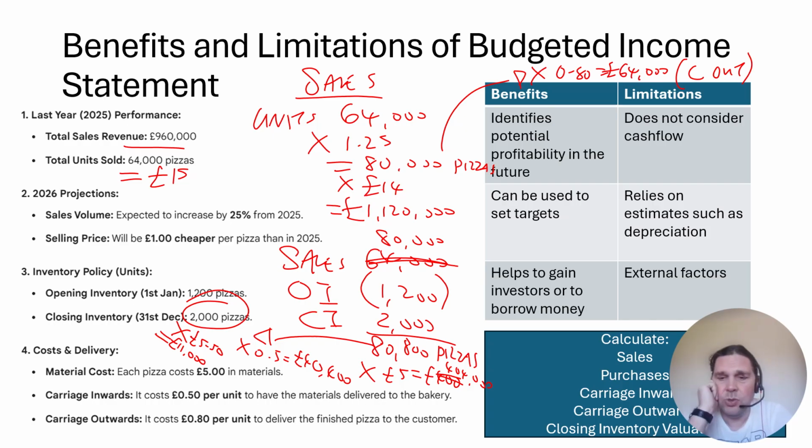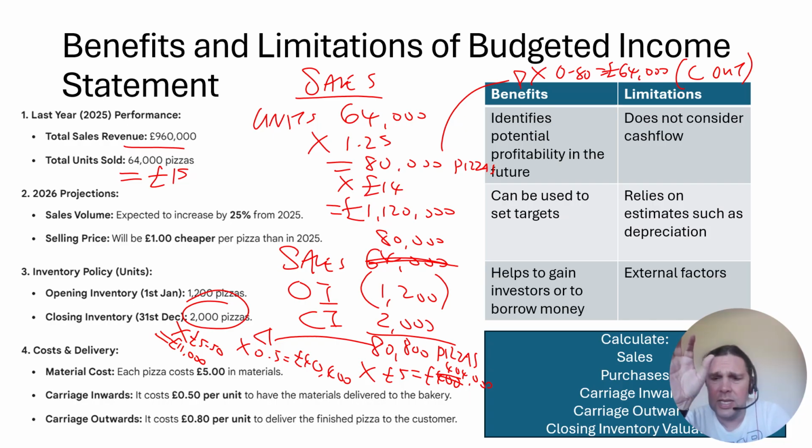We'll have a carriage inwards cost of 40,400, and the closing inventory has to be valued at £5.50, because like we said, it includes the delivery cost. So our closing inventory would have been valued at £11,000. Carriage out, if I haven't said so already, will be the 80,000 pizzas times 80p, and you would have an expense figure of 64,000. All of that might be a little bit more of an adjustment, but all of that would be a reasonable amount of marks in a question.